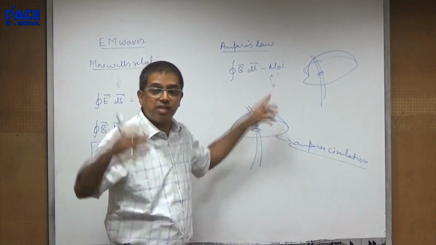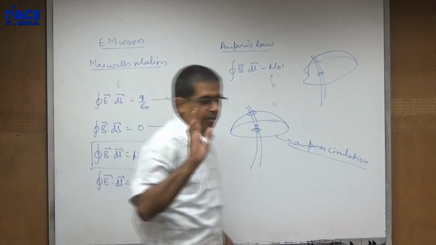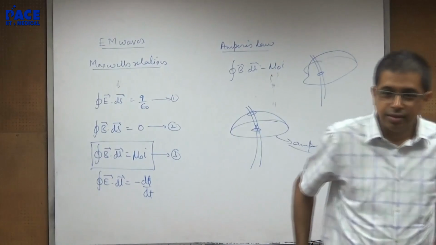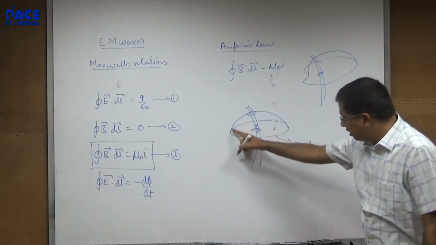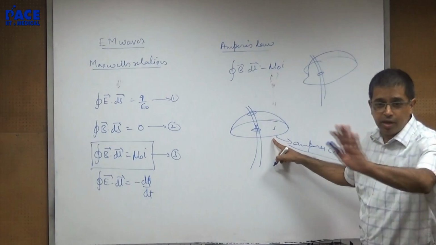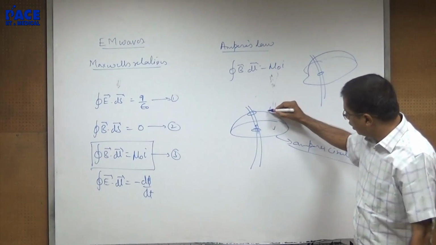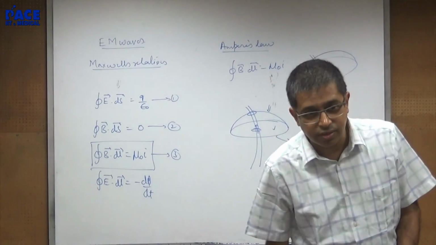Either of the surfaces is okay. Integral B dot dl along this will be mu naught I. Till now you used to consider only this surface in the plane of the ring, in the plane of the Ampere circulation. Ampere did not give you any such restriction. This can as well be your surface.